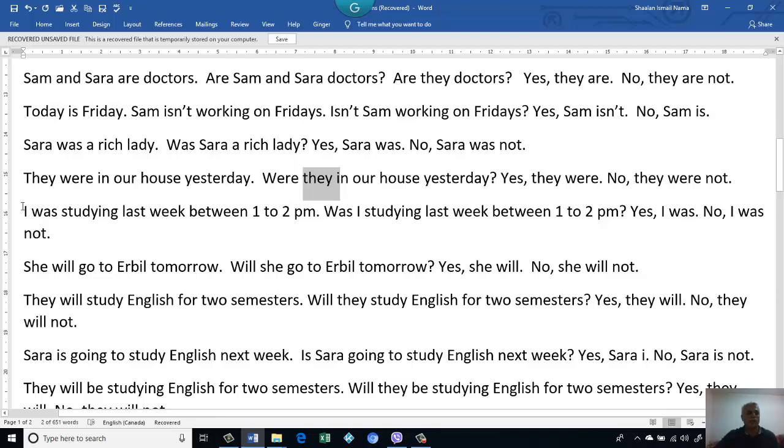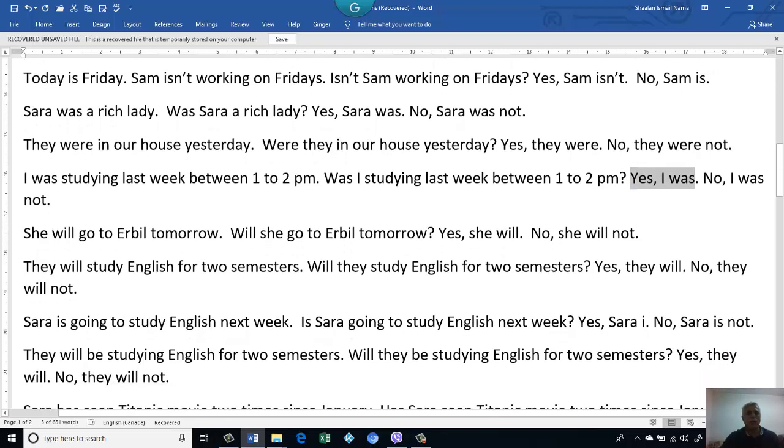If we have this sentence, I was studying last week between 1 to 2 p.m., then if I make a short answer question, was I studying last week between 1 to 2 p.m.? Yes, I was, or no, I was not. This is in the past.